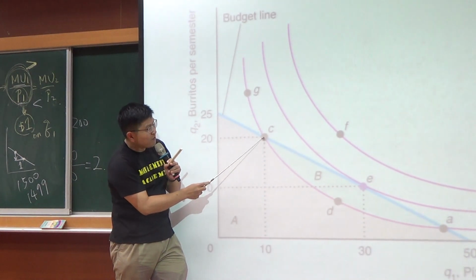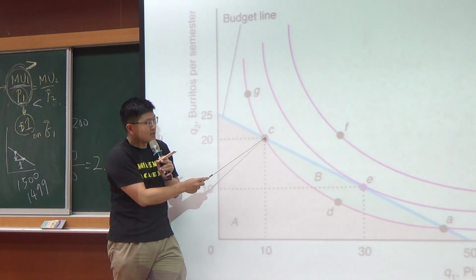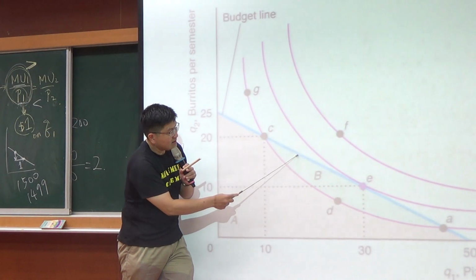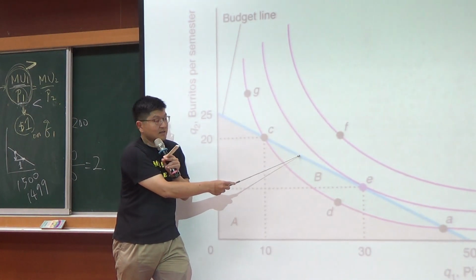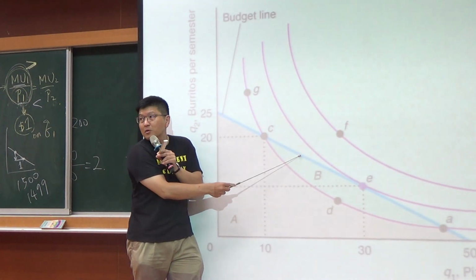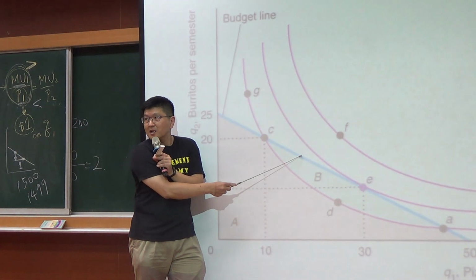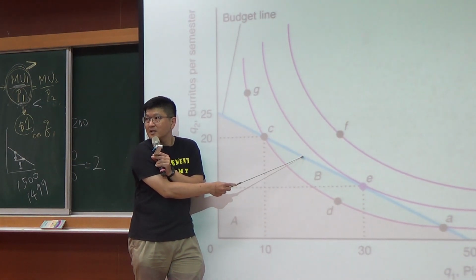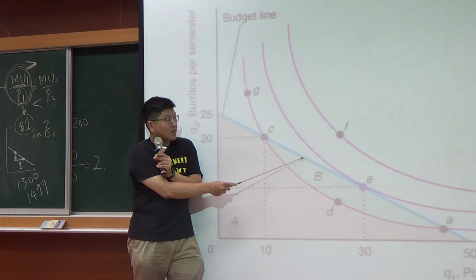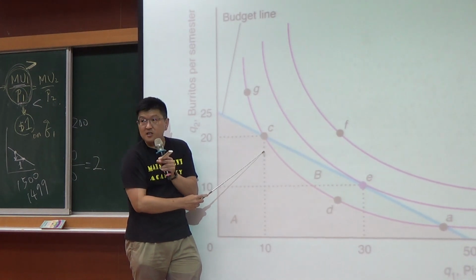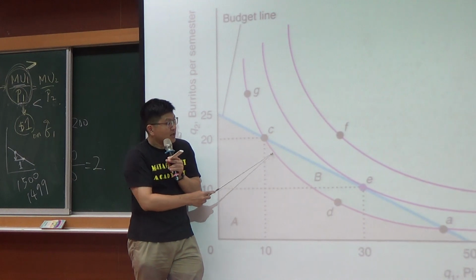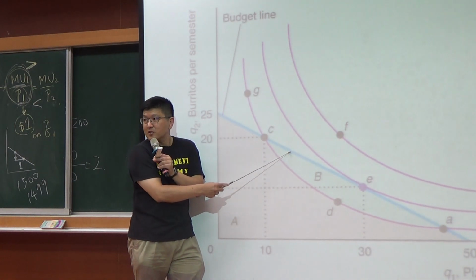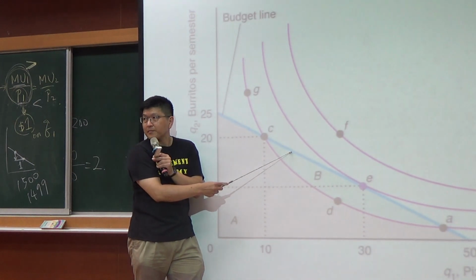So when we move point C along the blue line, the budget line, we may be located on a higher indifference curve, right? We may be better off, which means we cut the consumption of good 2 and move it to good 1.